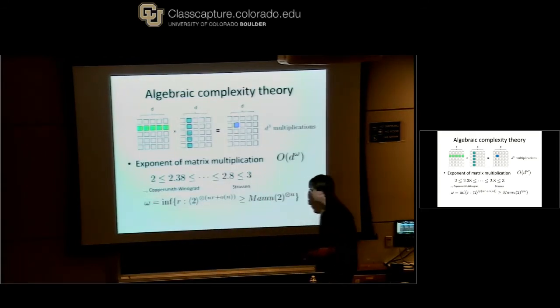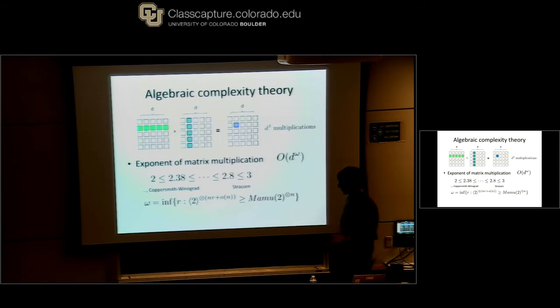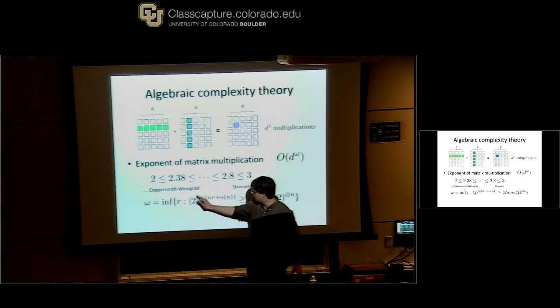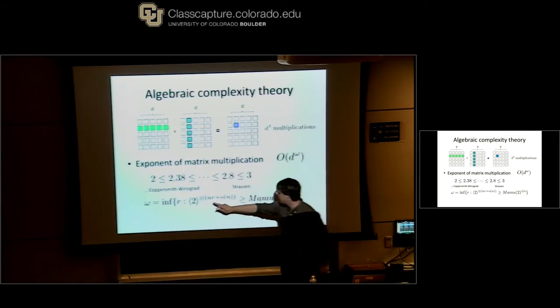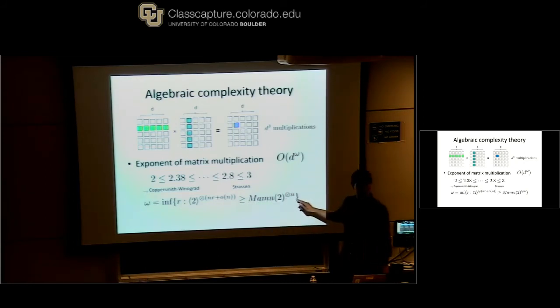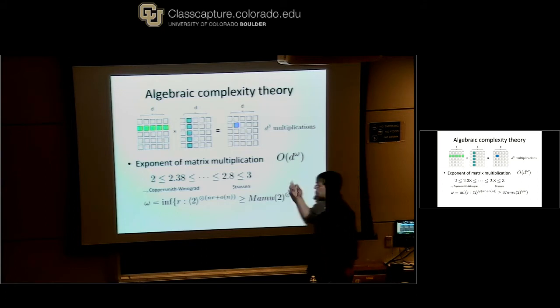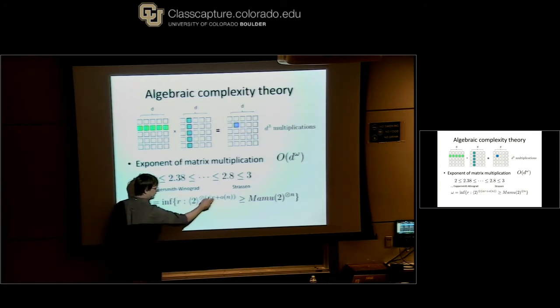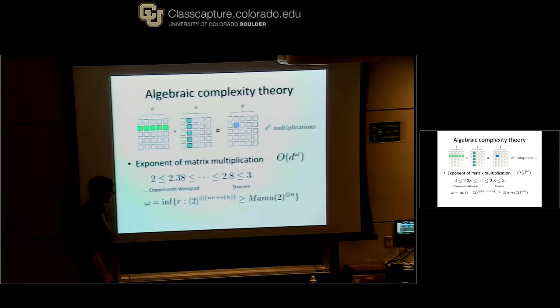And in our language, this corresponds to the following question: whether you can degenerate, or restrict, a GHZ state of size 2^n to the matrix multiplication tensor. So the exponent is the smallest r such that you can restrict from a GHZ state of size n^r to the matrix multiplication tensor of size n.